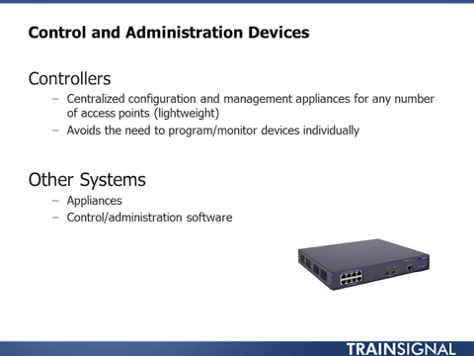So your access points will connect to a wireless LAN controller if they're operating in a lightweight mode. And I mentioned that earlier. Lightweight really means that the central processing is done on the controller. So things like the configuration and the management of those access points are done centrally on the controller, and then those configurations are pushed down to the access point as opposed to being individually programmed.